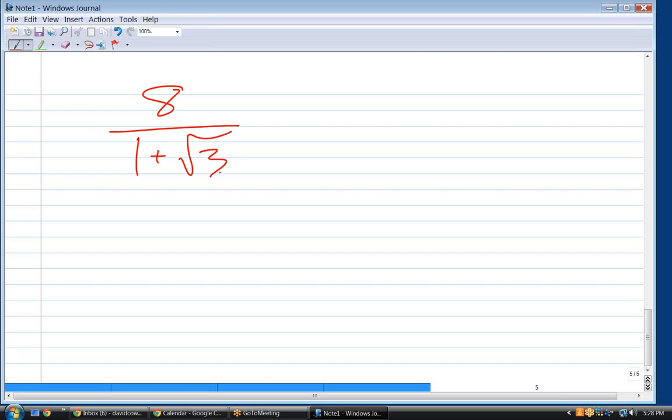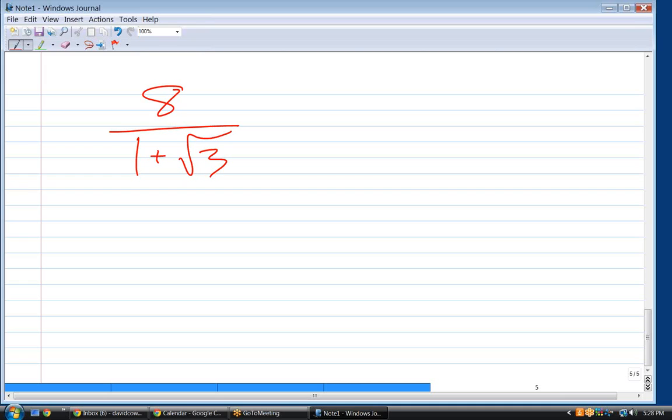So what's the problem with this expression? Why do we need to simplify it? What is wrong with it now? So we can get the square root out of the denominator position? Right. In other words, right now it has an irrational denominator.